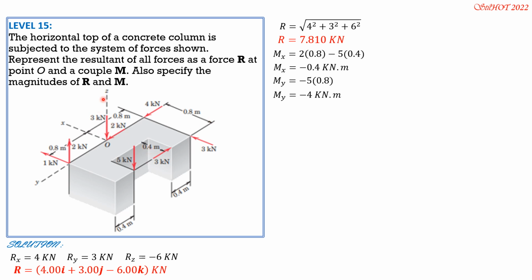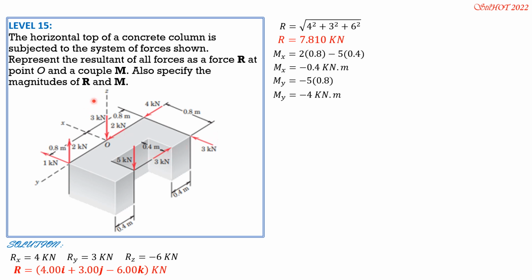Then finally, MOZ, this is your right thumb, the positive sense of moment would be in that sense. All vertical forces are not involved. This is not involved because it passes through OZ. So there are three forces that are involved: 1, 3, and the other 3.